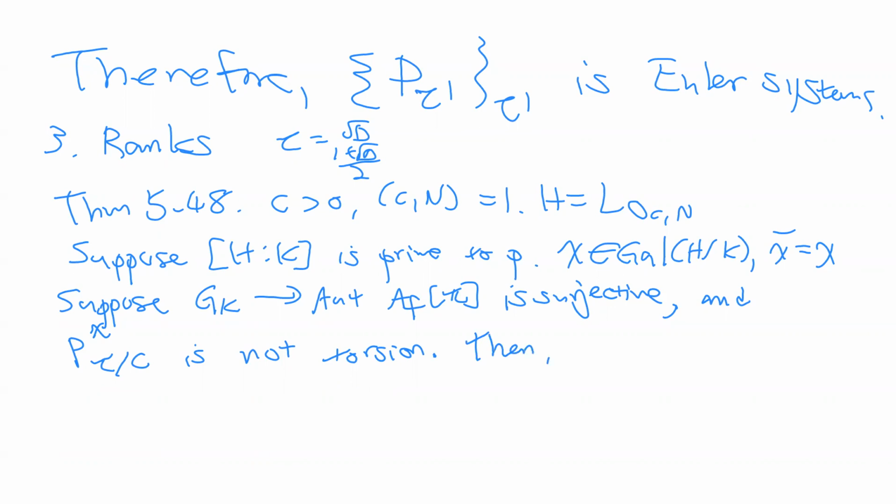Then we show that the chi part of the Selmer group of A sub f over H has co-rank 1. Sorry, it should be co-rank because it's a Selmer group. I don't want to use the notation in our paper, but I think this is equivalent to the result in our paper.